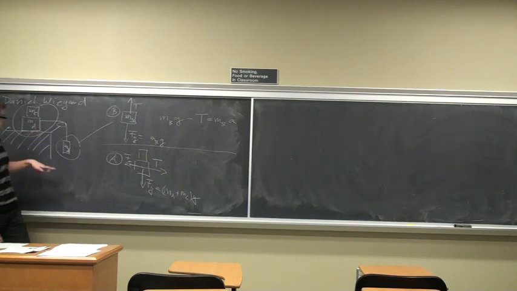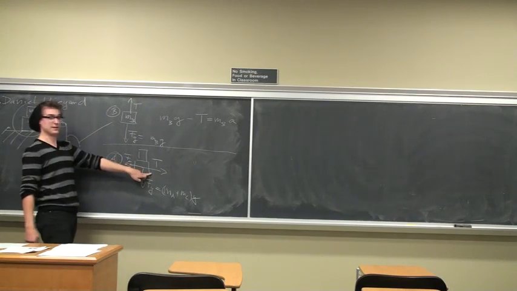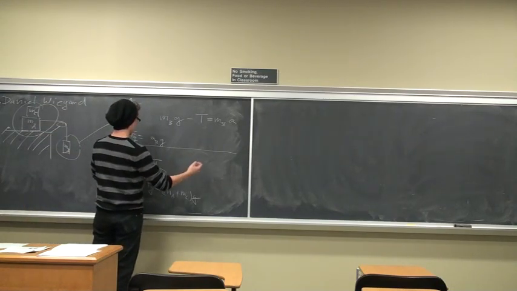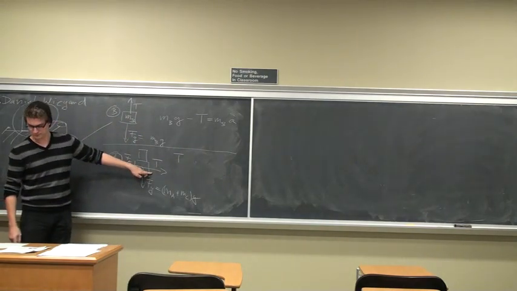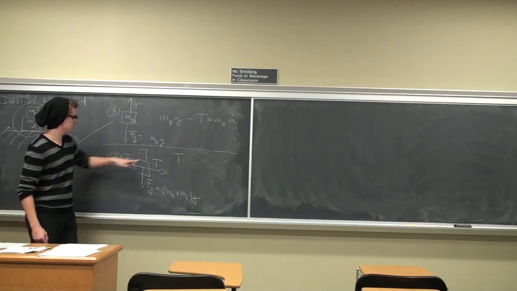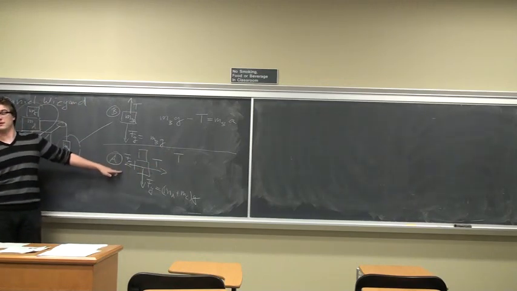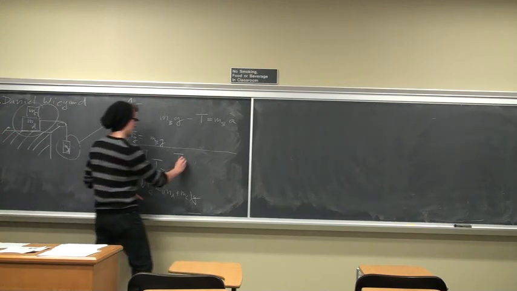So again, we have tension driving the entire thing. So tension pointing to the right. Is that right? Yes. Tension pointing to the right. And friction slowing it down, right? So we need an overall minus sign between these two.